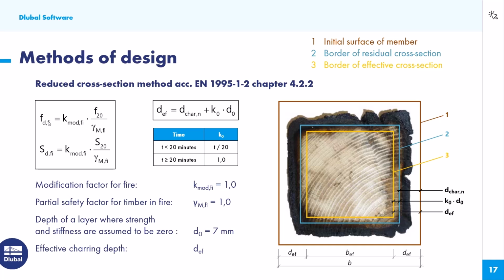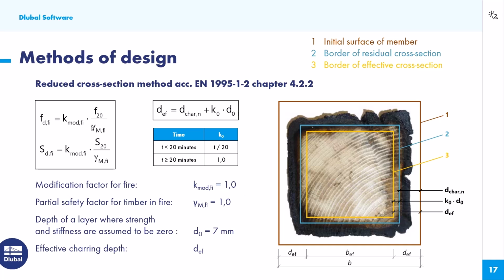When we go to the strengths, we have a k_mod,fi fire design factor, but do not interchange it with the k_mod factor from the cold state design, where we have the k_mod factor dependent on the load duration class. In case of fire, for this reduced cross-section method, the k_mod,fi factor is always 1.0.